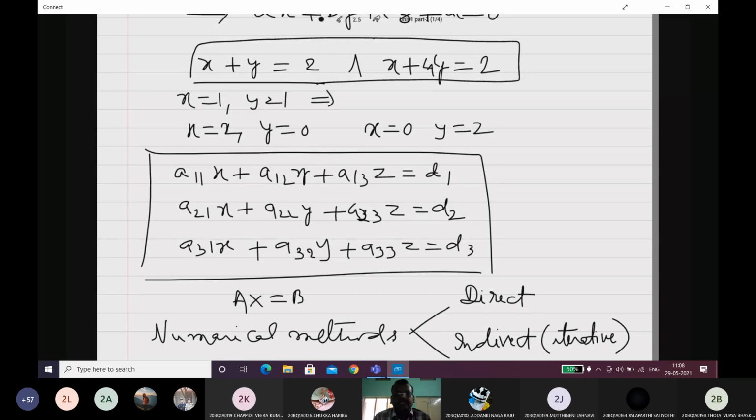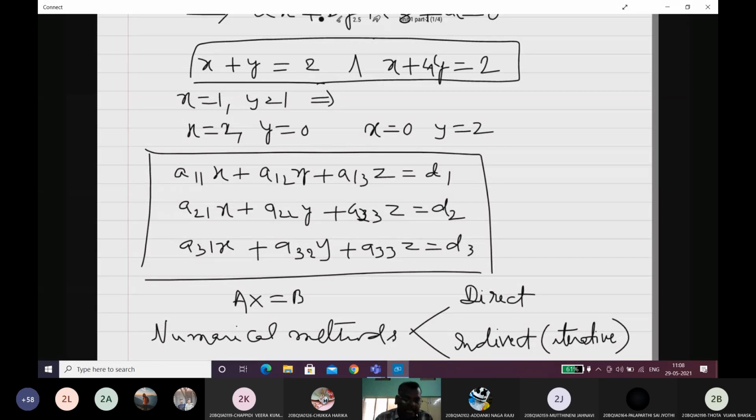Now, in direct methods, we use the matrix methods, that is the Gauss-Jordan method, Gauss elimination method, and factorization method or LU decomposition. These three and so many methods are there.